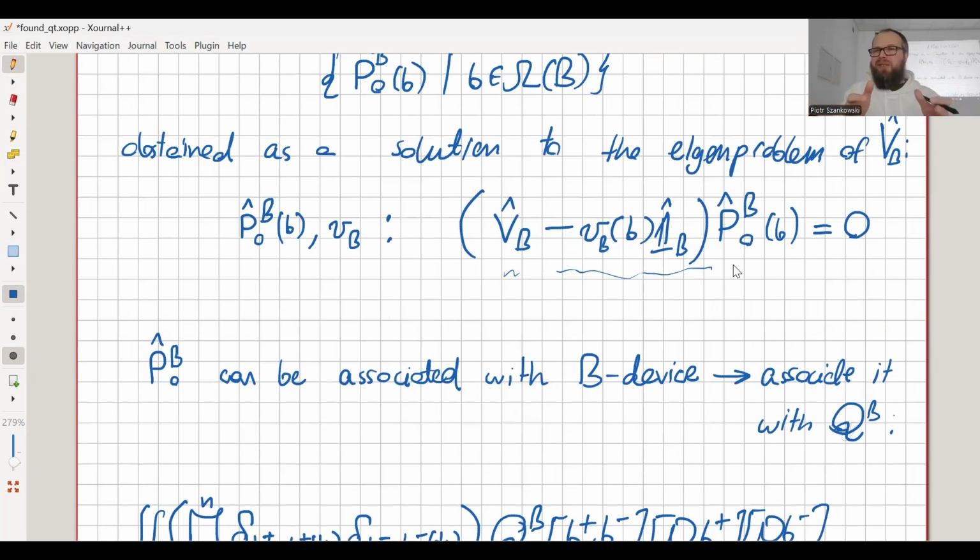And if so, then we can associate with this observable bi-probabilities, for which we know how to execute the extension theorem to get bi-trajectories.